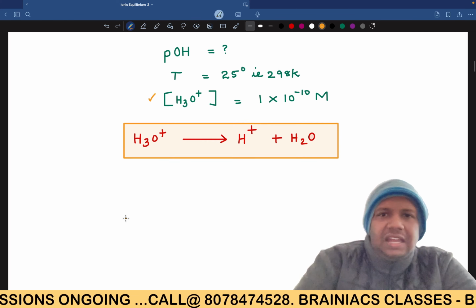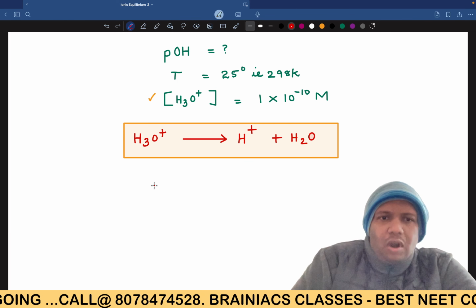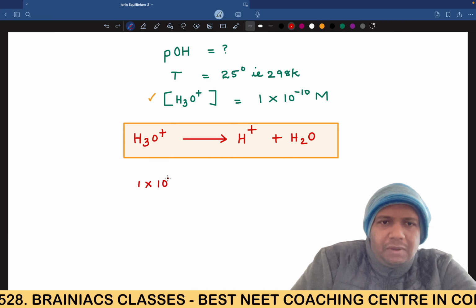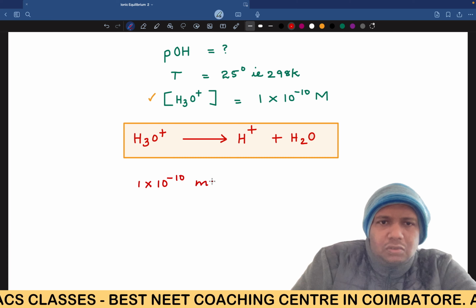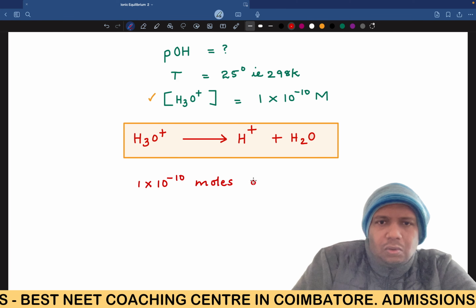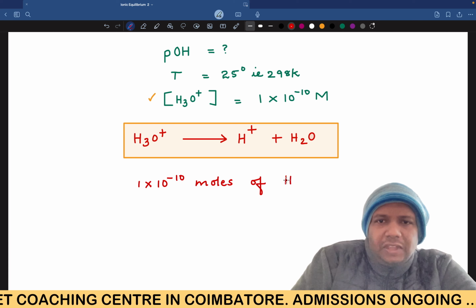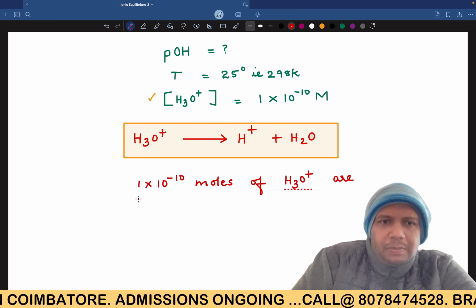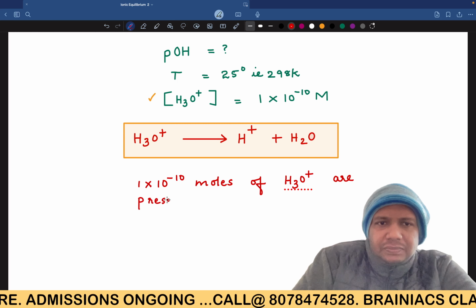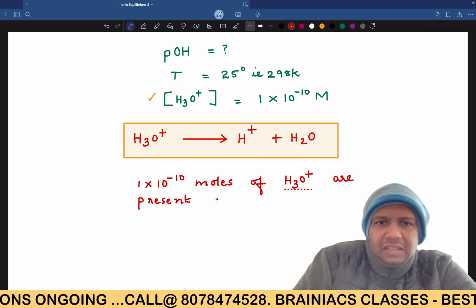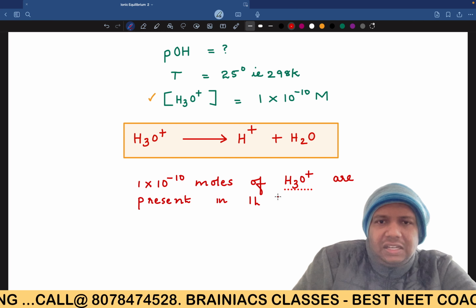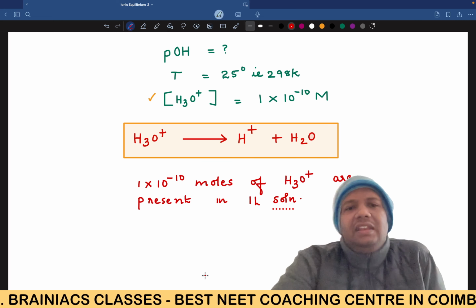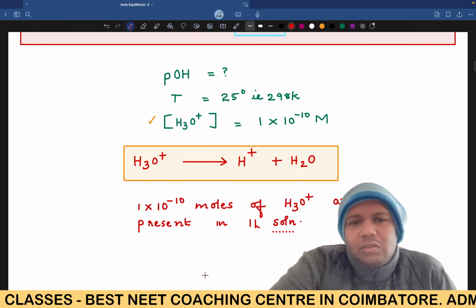That means 1 into 10 power minus 10 moles of H3O plus are present in 1 liter solution. If I am taking a 1 liter solution, it will contain 1 into 10 power minus 10 moles of H3O plus.